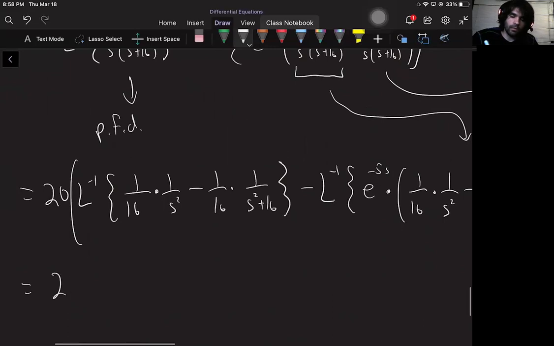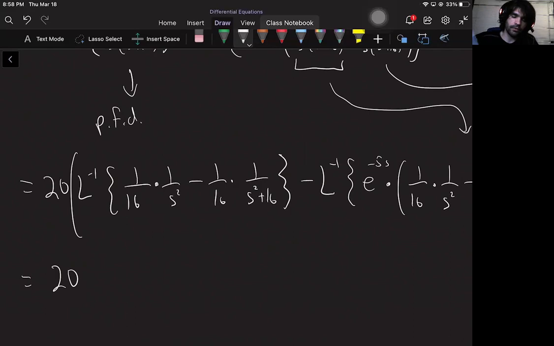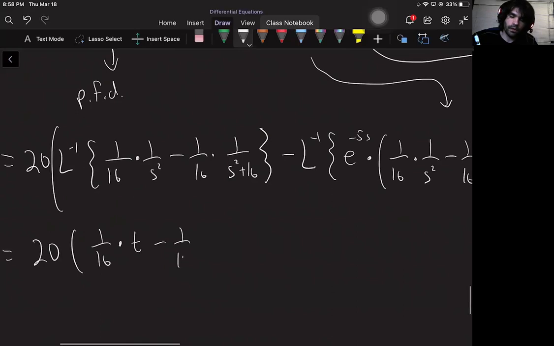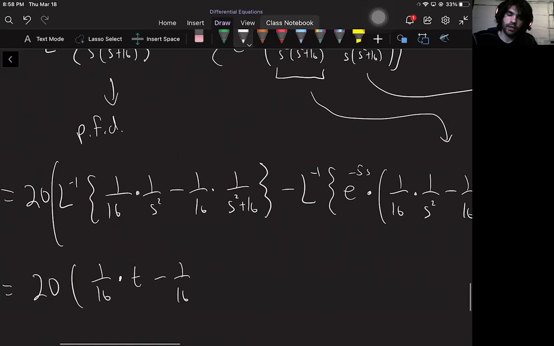Okay, almost done. All right, so now we can do this inverse Laplace transform. So for the Laplace transform, you can take out the 1/16. Inverse transform of 1/s squared is t, just t. And the inverse Laplace transform of this is trickier.